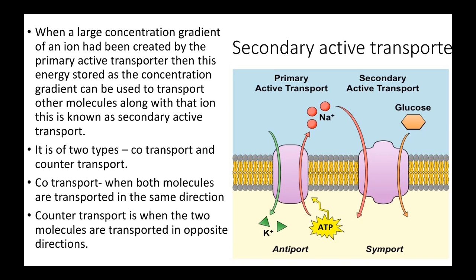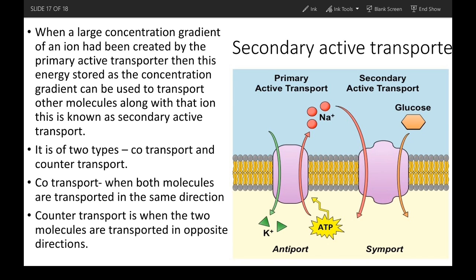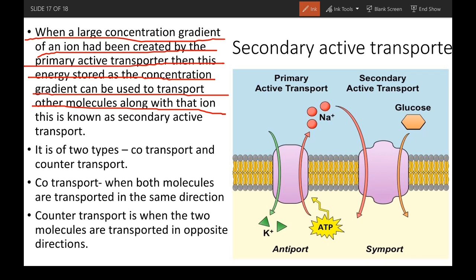Now, in secondary active transport, when a large concentration gradient of an ion has been created by the primary active transporter, then this energy stored as the concentration gradient can be used to transport other molecules along with that ion. This is known as secondary active transport, right?